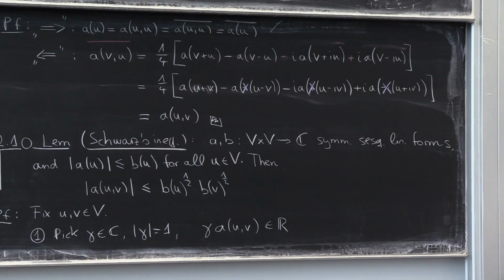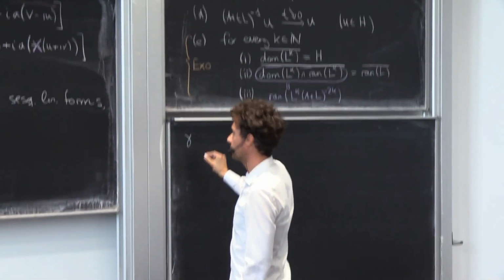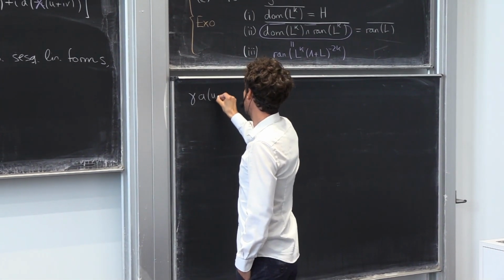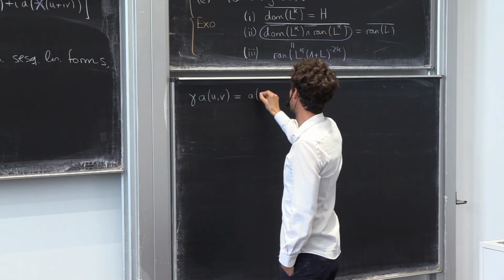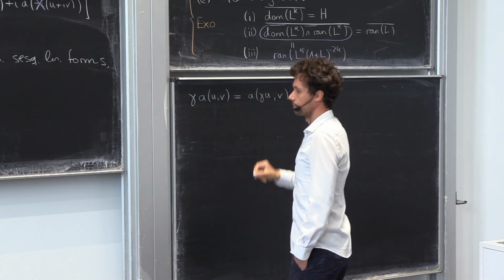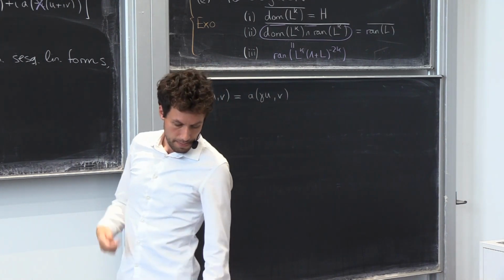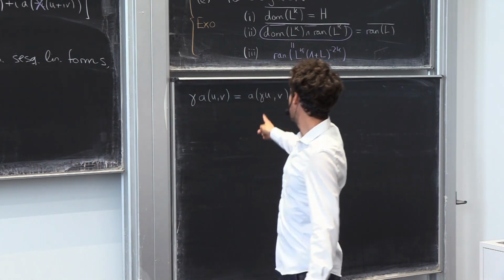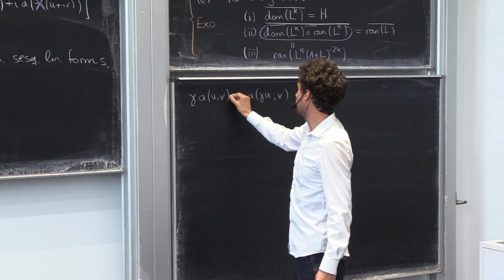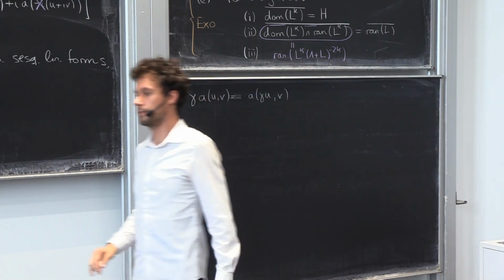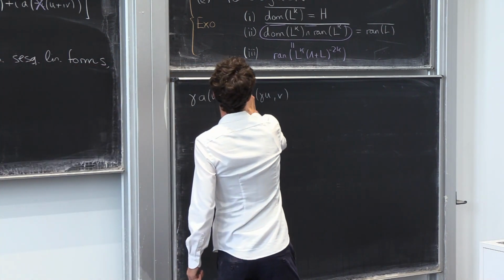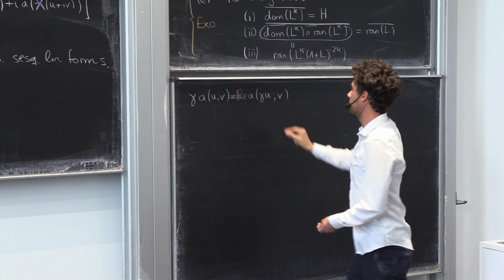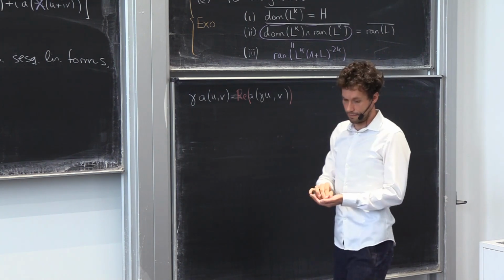It's useful because now I can start writing out things. Gamma times A of u, v, this is the same as A of gamma u, v. But because this is a real number, this is also equal to the real part of this number, because this number over here doesn't have an imaginary part. So this is the real part of this.